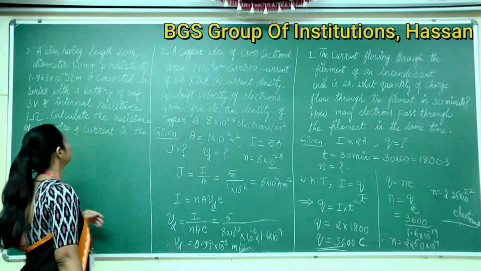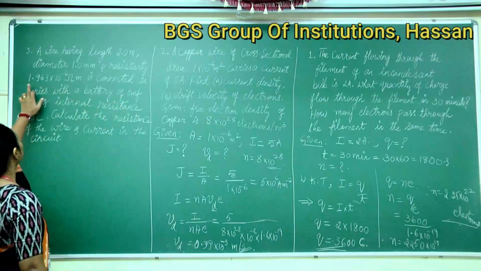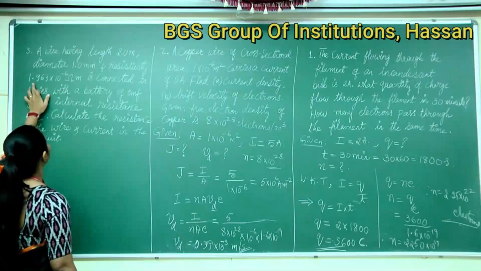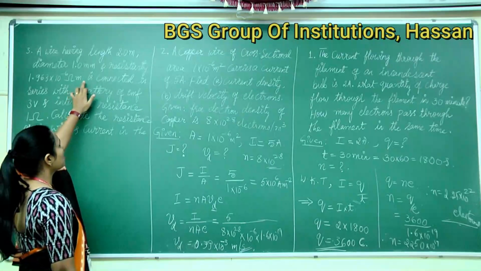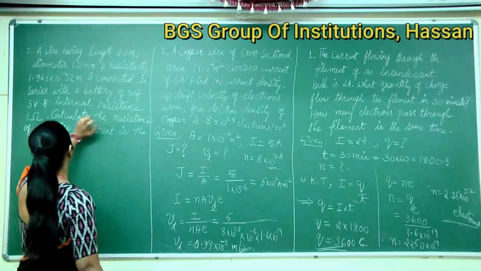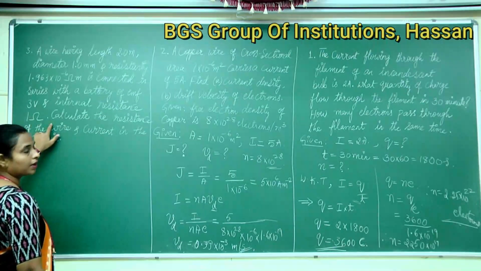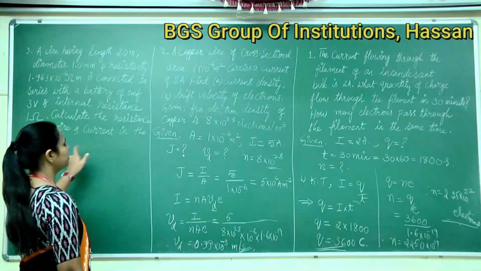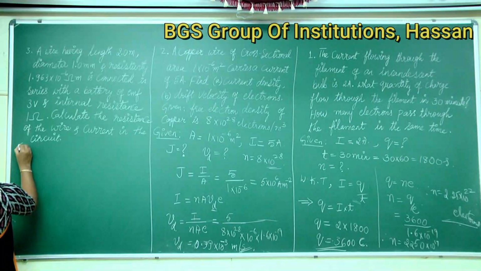Let me read the problem. A wire having length 2.0 meter, diameter 1.0 millimeter and resistivity 1.963 into 10 power minus 6 ohm meter is connected in series with a battery of EMF 3 volt and internal resistance 1 ohm. Calculate the resistance of the wire and current in the circuit. So first, let me write the given data.